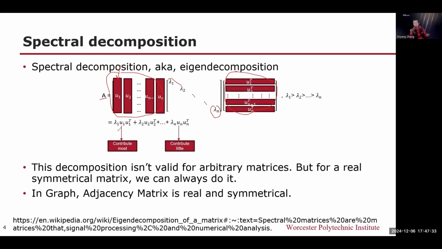We can also rewrite this into terms with the plus. We can say the first one, because lambda 1 is the largest eigenvalue, so the first term contributes to A the most, and the last term contributes little.